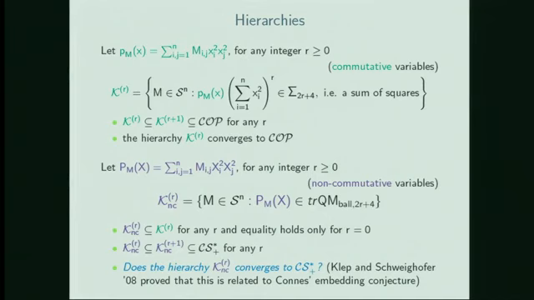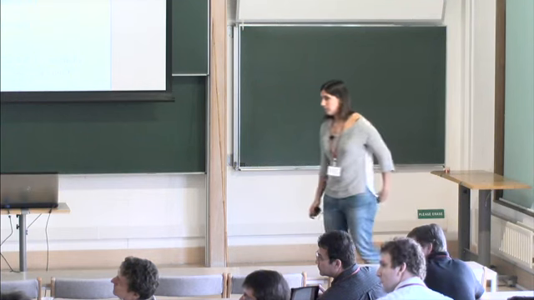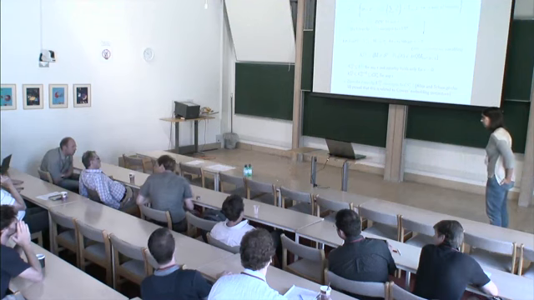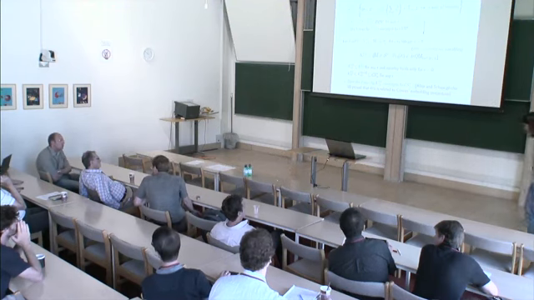this problem is equivalent to Connes' embedding conjecture. Would this not imply closedness then of the original semi-definite cone, if you have convergence? If you have convergence, then it would imply that the cone is closed, right? Yes, because it's the intersection of closed sets, the dual cones of these. Or are these non-commutative cones not closed?